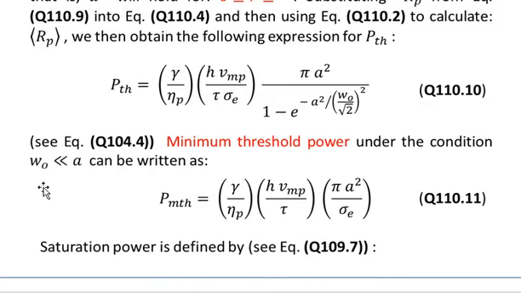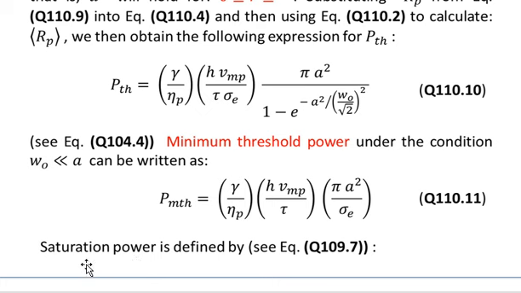If you apply this condition, that your spot size or beam waist is much smaller than the cross-sectional area or the radius of the cylinder, then you will have P M threshold, meaning the minimum threshold power. So the minimum threshold power to the pump is given by gamma over eta P multiplied by h nu mp divided by tau multiplied by pi a square over sigma E. So this is what we have calculated, the minimum threshold pump power.